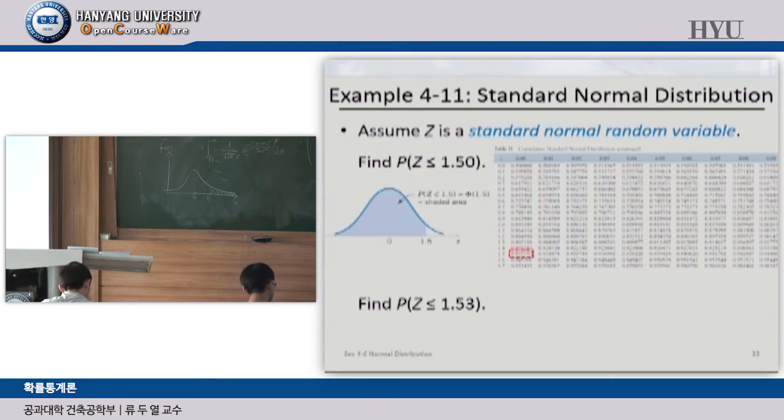So 1.53 should be this point, because this is 1.5 and this is 0.03. So this value will be 0.93699. And what is the probability of Z when Z is smaller than 0.02? That is just here, right? Okay?